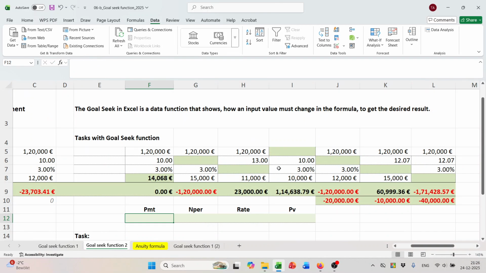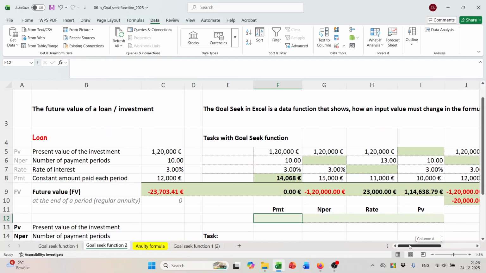Okay, let's do it for the next one. In this task we want our future value to be 0 by changing this cell. So when our future value will be 0, what will be our number of payment periods? So let's check it.